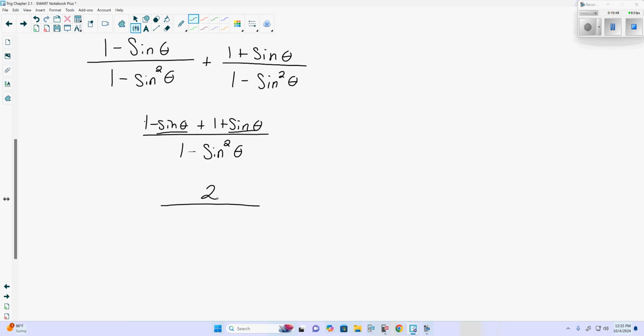Now I mentioned that 1 minus sine squared is kind of useful. That whole identity reference page that I've given you has a full front and back, and for most of this we've only really used 3 of the equations. That's sine squared plus cosine squared is equal to 1.